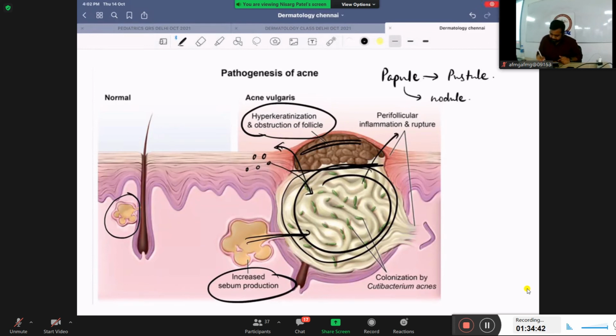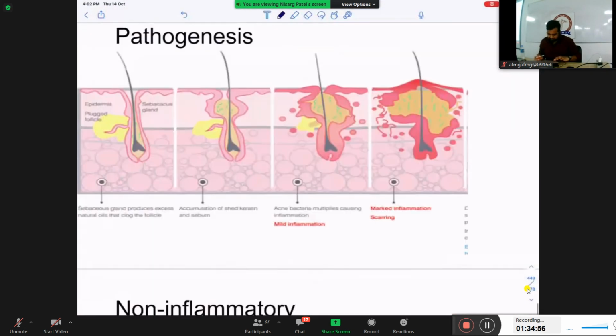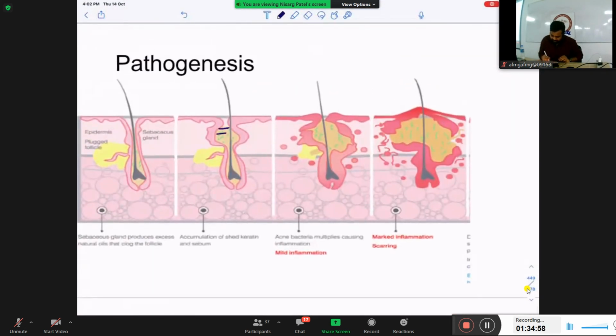This obstruction, in common terms, is known as a comedone. But in a comedone, there is no inflammation. If you see this, when I have an obstruction of this, there is only a comedone. When it comes into contact with air, it will turn black. So a comedone can be whitish or blackish. No one is going to ask you an MCQ on what a comedone is.